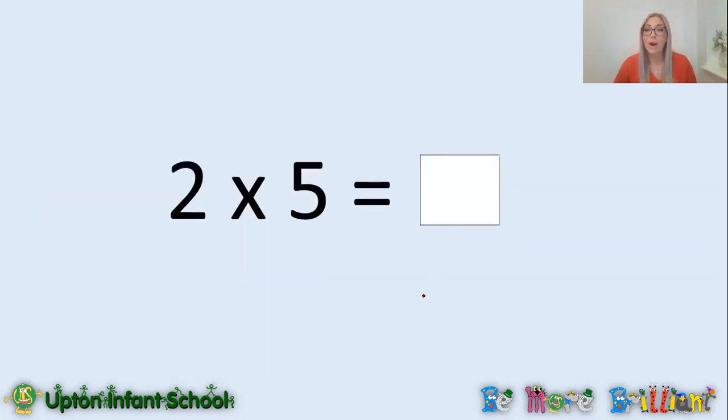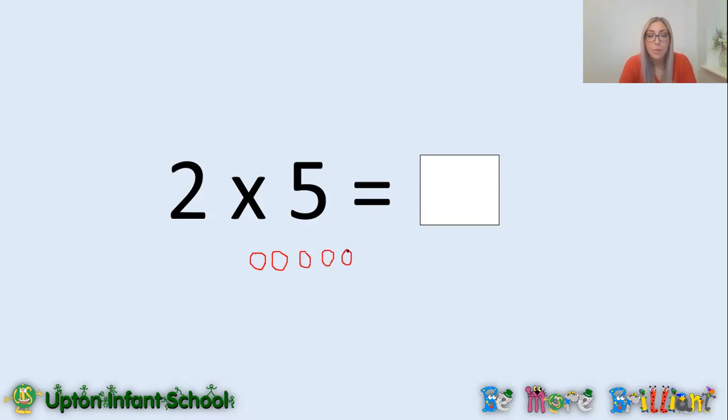Okay, next one. Now we have got some of our multiplication sentences. So we've got multiply and we have got 2 times by 5. So 2 lots of 5. So let's have a go at drawing this. So I'm going to do my first lot of 5.